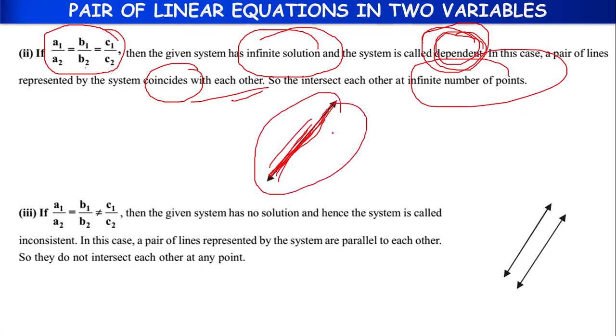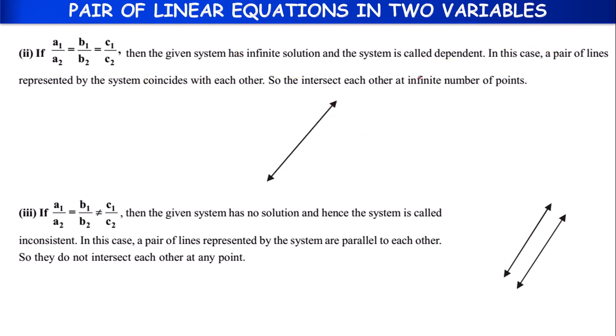That's why we can say they have an infinite number of solutions. So when the system of equations obeys this property, it has infinite solutions, and the equations are called dependent equations.